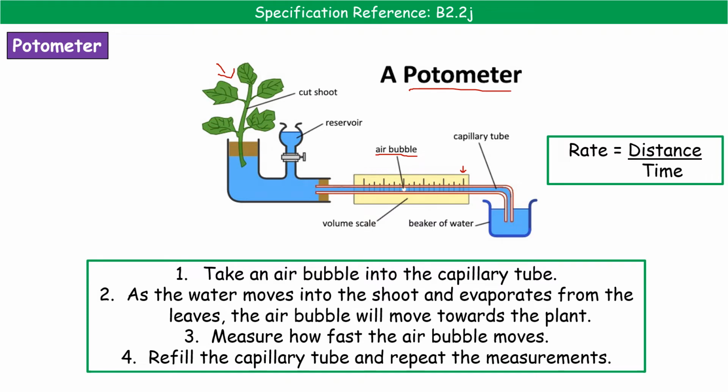Then we would leave our plant with whatever factor we are investigating, and over the period of time that it's running, that air bubble is going to move along that little scale closer to the plant, because as we're losing water from the leaves of the plant, it's drawing more water up, so the air bubble moves along. All we would do is take a measure of how far that bubble has gone in our given time, and then we can calculate the rate as distance divided by time.